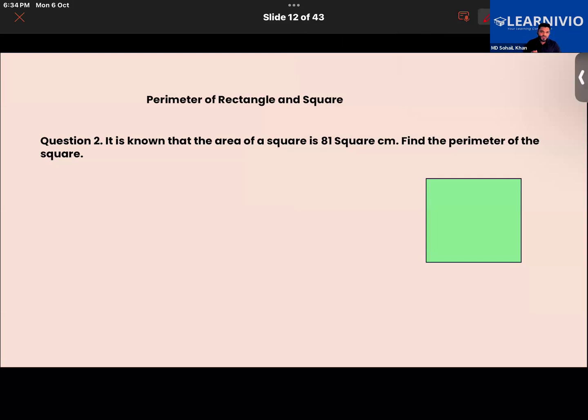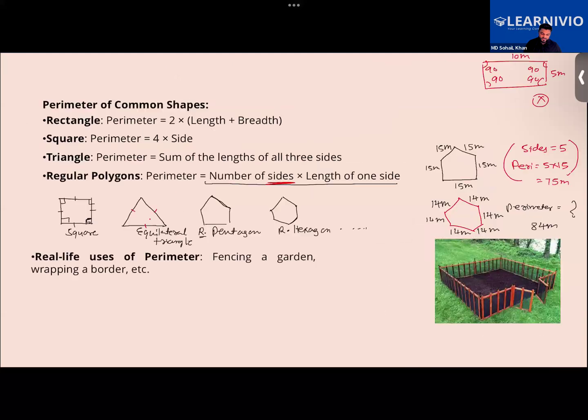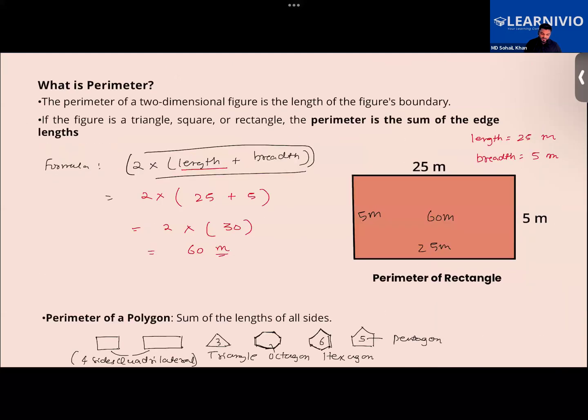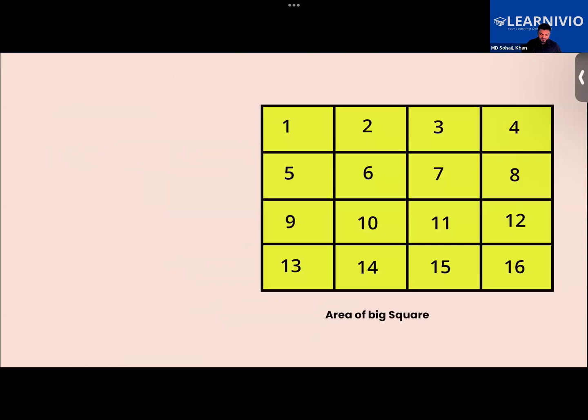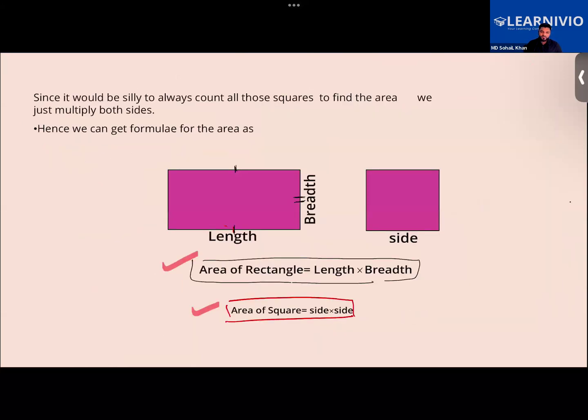So far in the chapter, we did learn about perimeter and area, their real life uses, and how to calculate them with the help of formulas. To calculate the area of a rectangle, it is length multiplied by breadth.